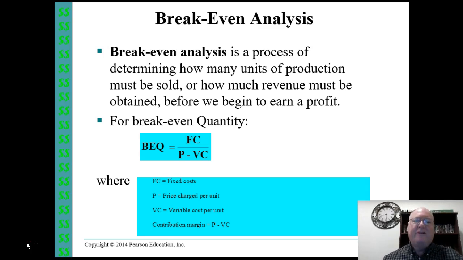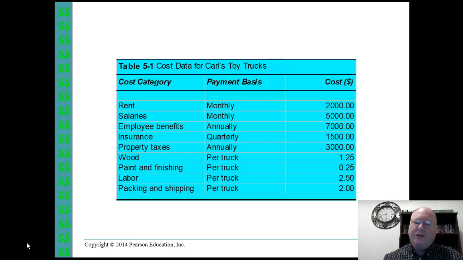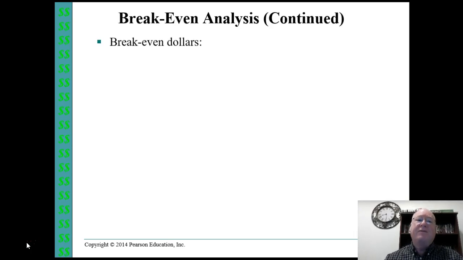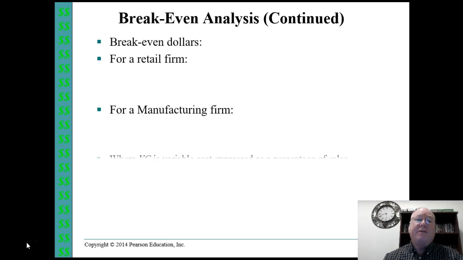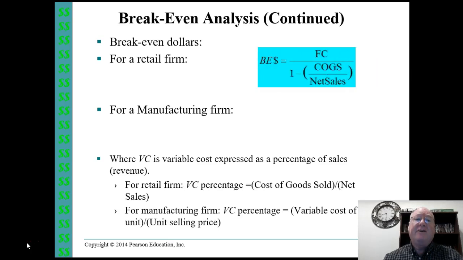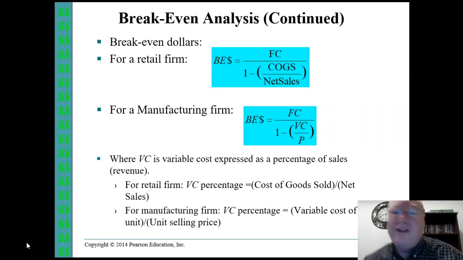That seems relatively simple conceptually, but let's look at how we can use that to talk about break-even dollars. For a retail firm, on the per unit basis, it's not quite as simple, but everything can be broken down to a percentage.